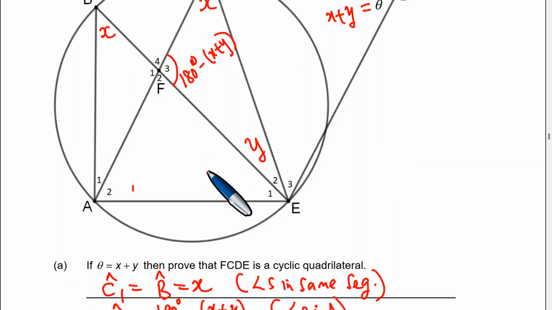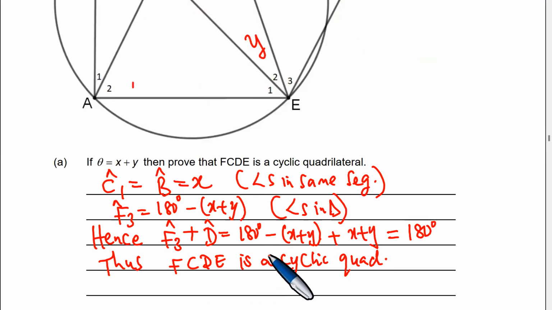But now, when you get to this point, X plus Y minus X plus Y, these two cancel out, giving 0. Making F3 plus D equal to 180 degrees.